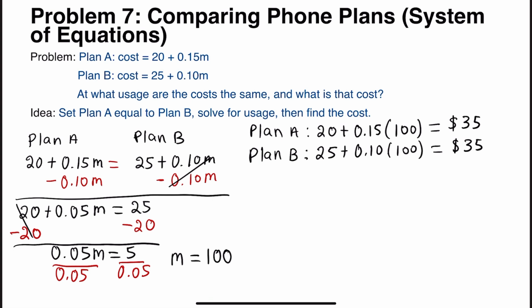Okay, so we can see that they both give us $35. And so that means the final answer here is the two plans cost the same at 100 units of usage, and the cost is $35. So final answer, $35, and m equals 100.